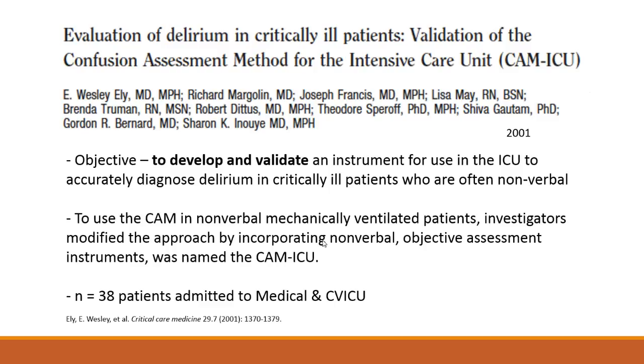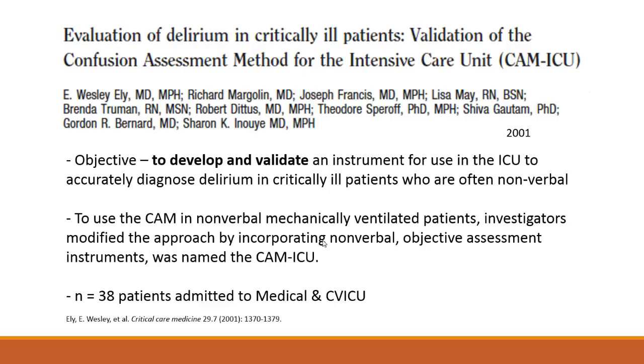So the way the study was designed was it was a prospective cohort study, and they did daily ratings of the modified CAM. And they had 4 evaluations every day. So they had 2 nurses, an intensivist, and then sort of the gold standard they used, or the comparator, was an expert in delirium, who was basically a psychiatrist, like a geriatric psychiatrist.